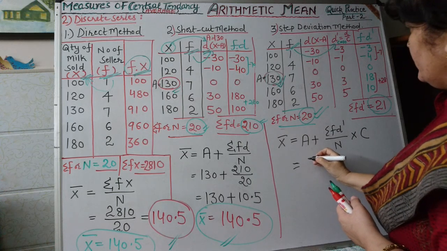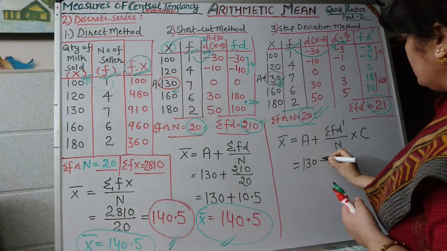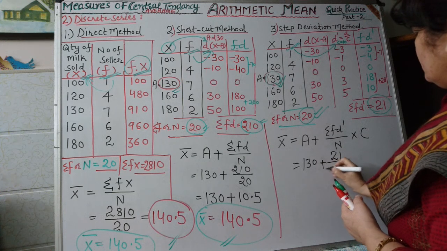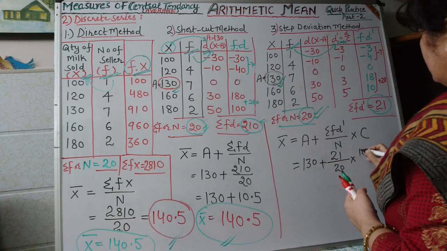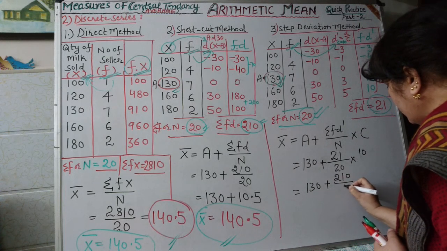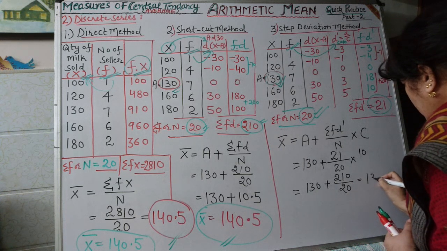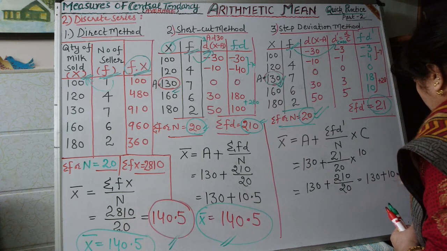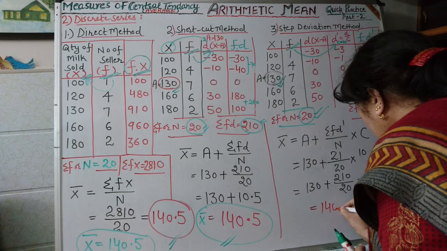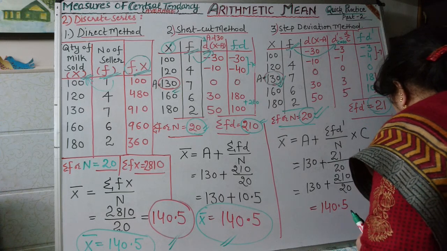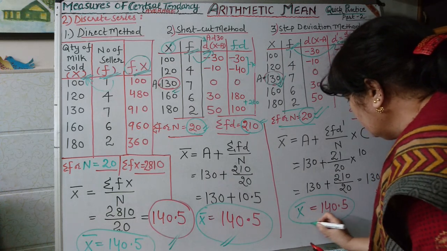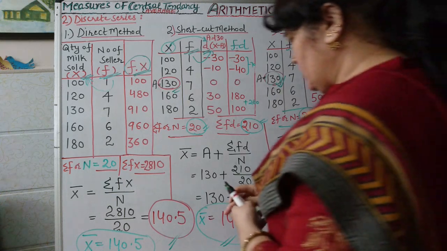Putting in all the values, 130 plus 21 divided by 20 multiplied by 10 is equal to 130 plus 210 divided by 20, which is 130 plus 10.5, equal to 140.5. So 140.5 is the value of arithmetic mean in discrete series by step deviation method.